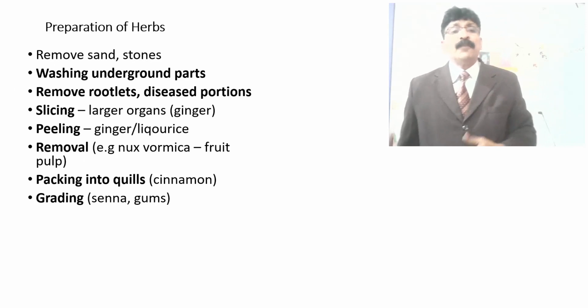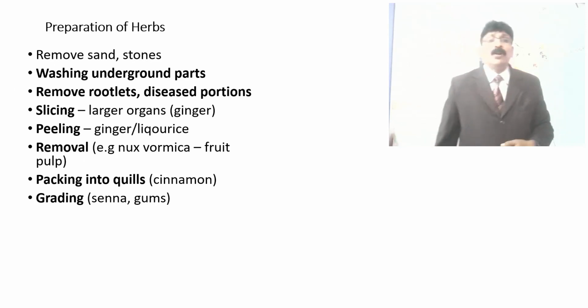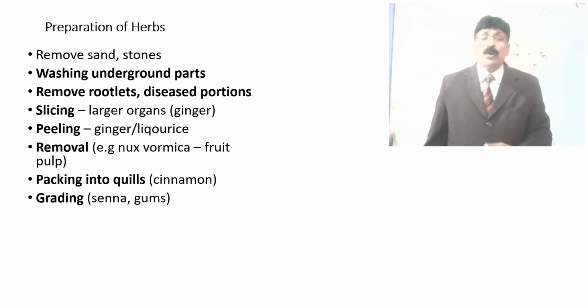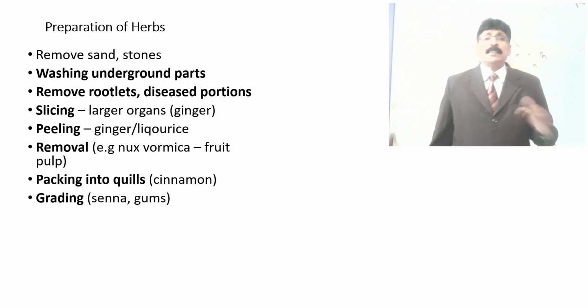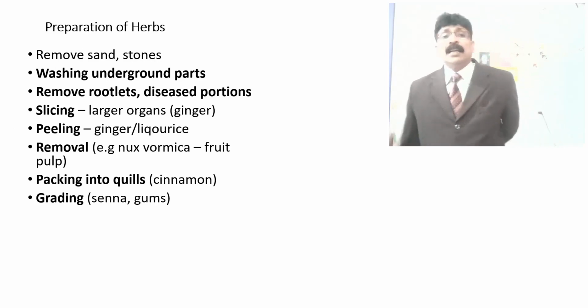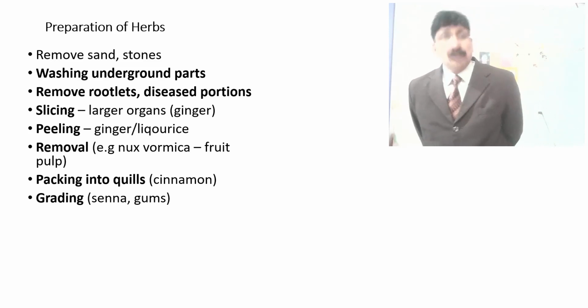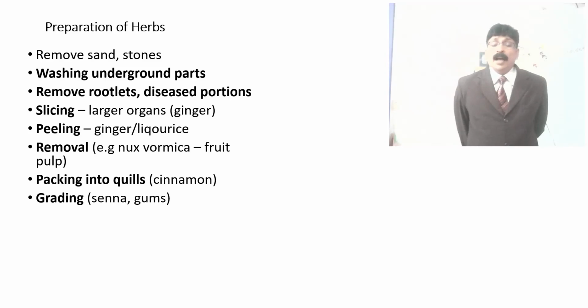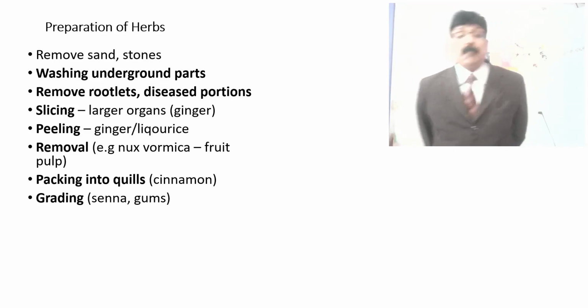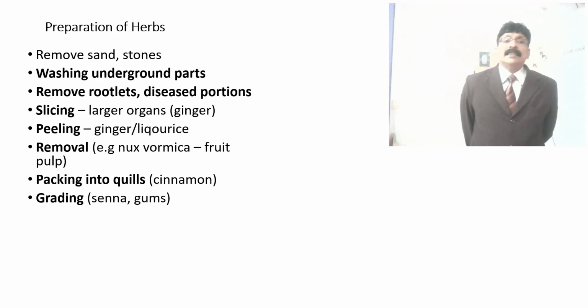Preparation of herbs: remove the sandstones, wash underground parts, remove rootlets, diseased portions should be sliced, and for larger organs, peeling off, like ginger and licorice, removal of nux vomica, packing in the squill for cinnamon, and grading like senna and gums.